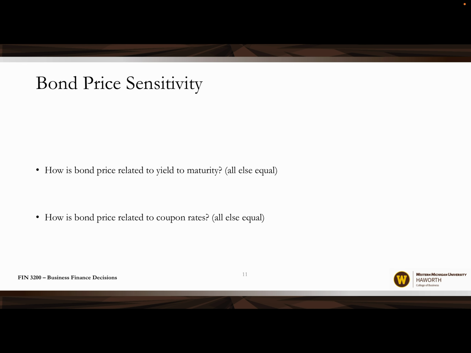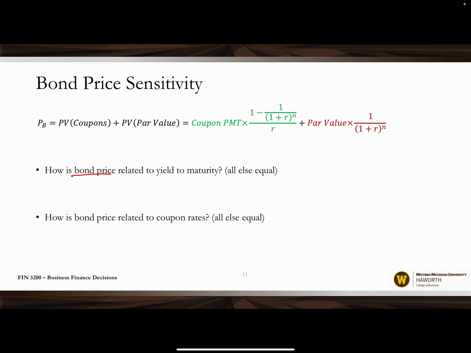So, bond price sensitivity. We have the bond pricing formula, and we just want to talk about how the bond price is related to the yield to maturity, keeping the other components equal. It just means we're going to keep the coupon rate, or coupon payment, the same. We can put in numbers here.